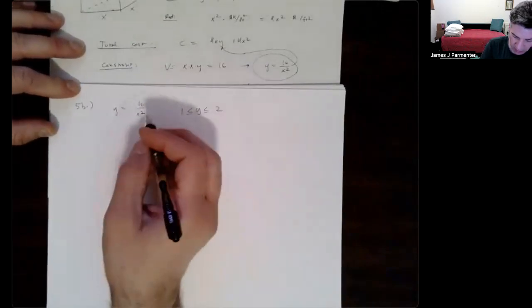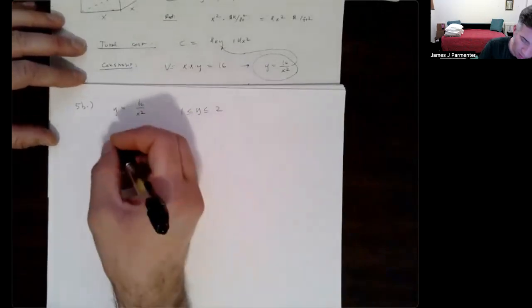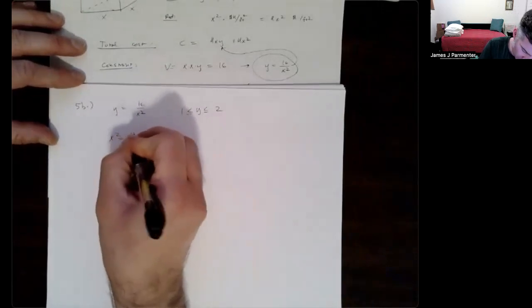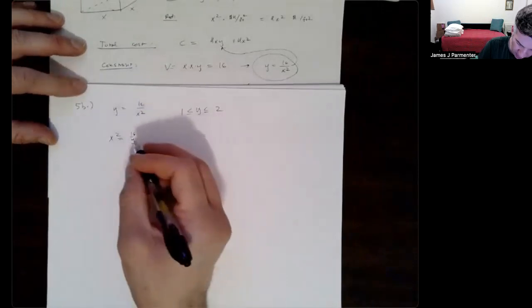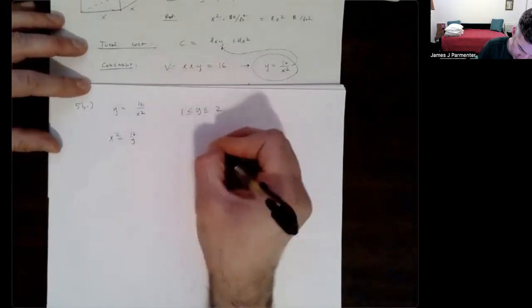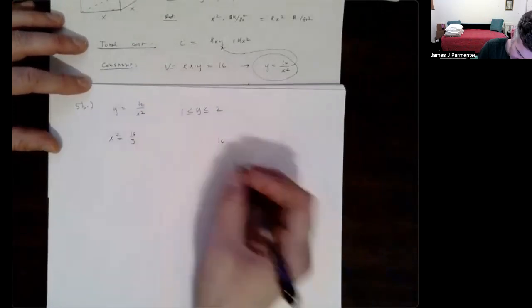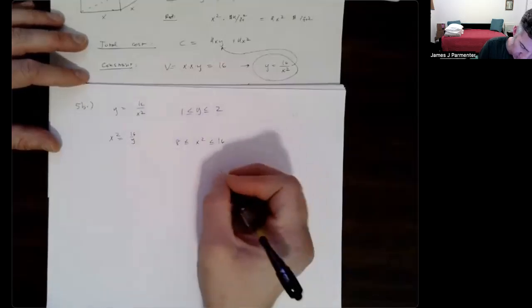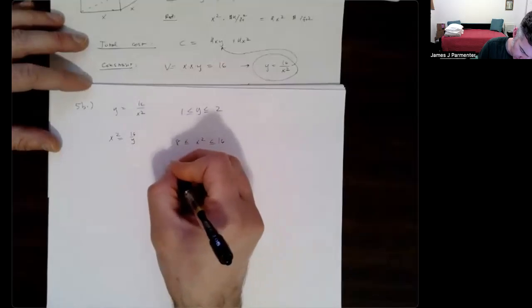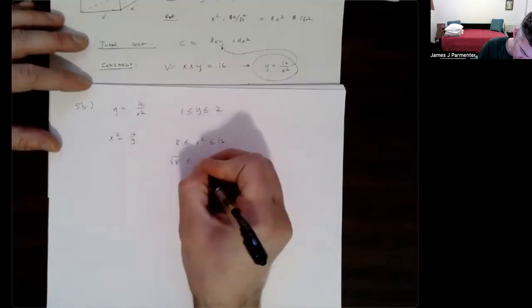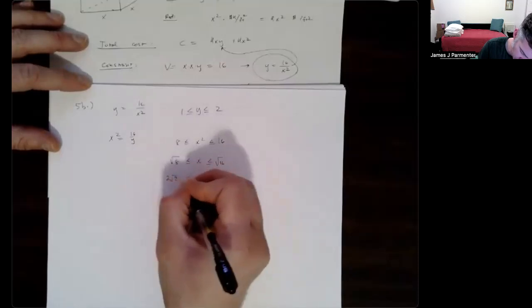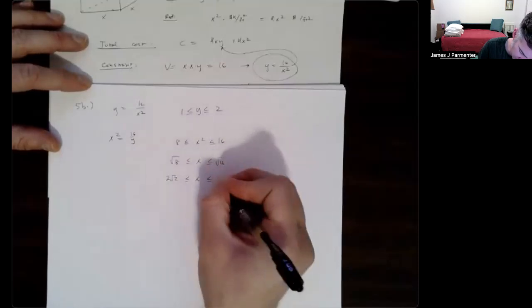If we solve for x here, we're essentially saying that x squared equals 16 over y, and 16 over 1 is 16, 16 over 2 is 8. So x squared has to be between 8 and 16, or x is between the square root of 8 and the square root of 16. Square root of 8 is 2 root 2. Square root of 16 is 4.